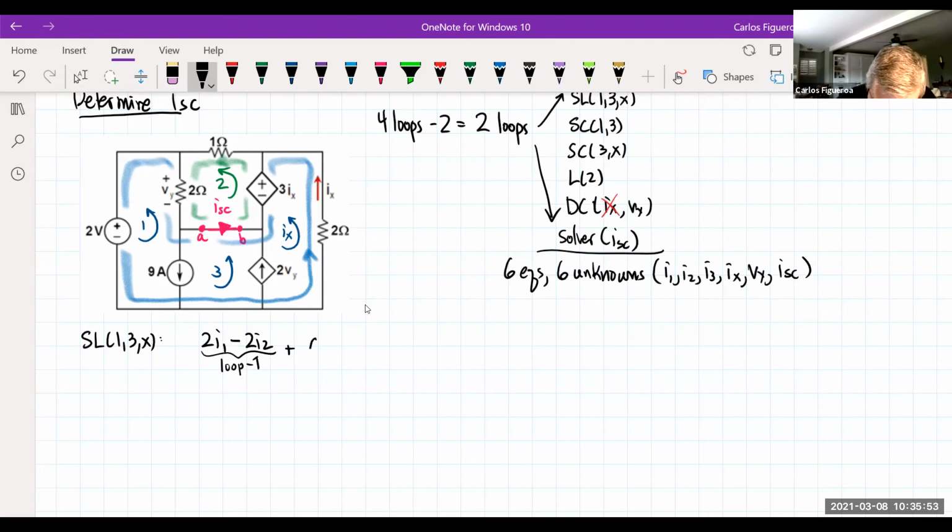Look at that, 0 for loop 3, no resistors there. And then I have loop IX here. I see that there's only one resistor, so I have 2IX, but note, no mutual resistors. So that's pretty fast right there.